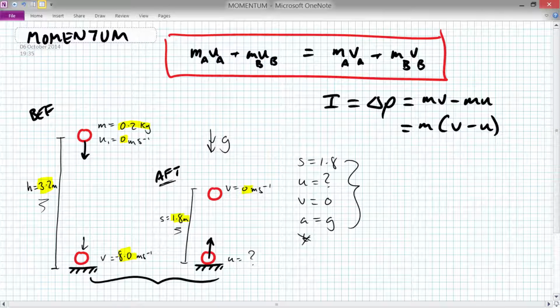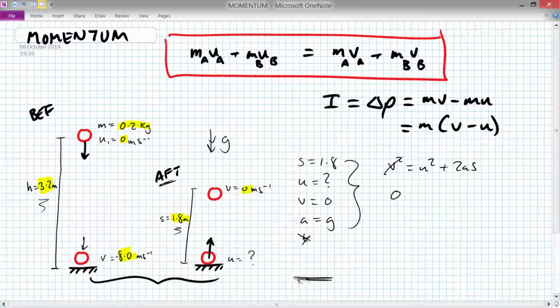So if we shove these together, we can do a bit of suvat, and we know that v squared is equal to u squared plus 2as. What's quite nice is the initial velocity term cancels straight away, since v is equal to 0 here.